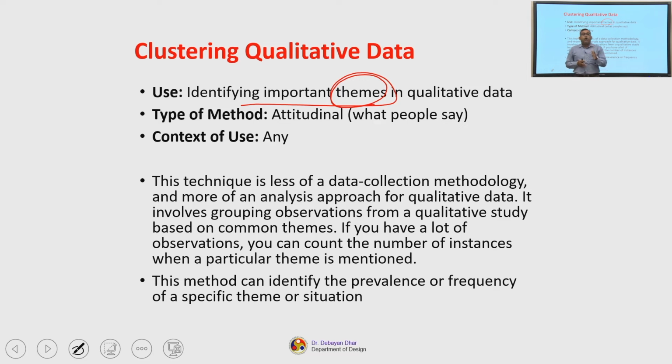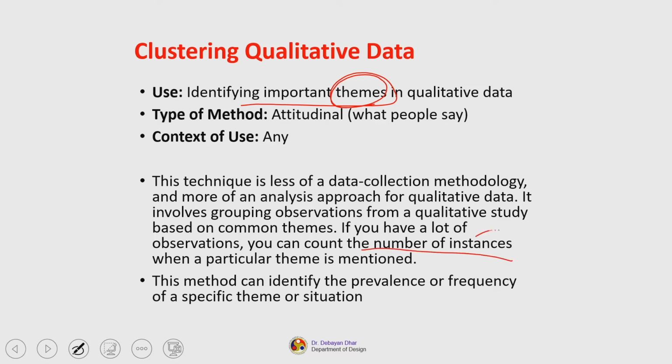If you have a lot of observational data, a lot of transcribed data, you can count the number of instances, that means the frequency. Here we are talking about what again? Frequency. See, frequency is so important, because the focus is on identifying dominant patterns. Right. So, you can count the number of instances when a particular theme is mentioned.